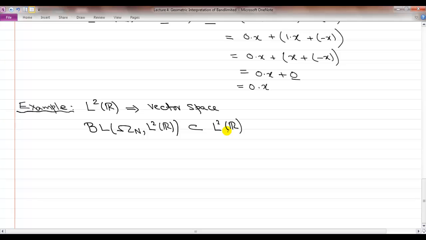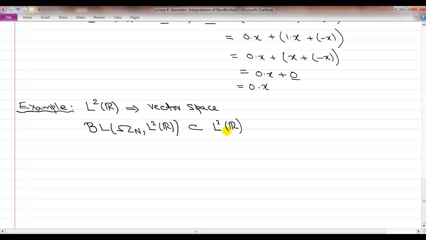Now, you can verify that this space of band-limited signals is a subspace. What do we need to prove? It has to be a subset, which is given. And secondly, it has to be closed under linear combinations, which is trivial to show.